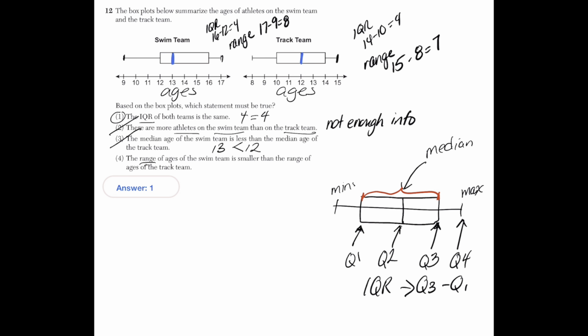So the range of the swim team, 8, is not smaller than the range of the track team, 7. That is also not a true statement. And again, all I did for range was my maximum number minus my minimum. And that's it. That's why the other 3 are false statements.